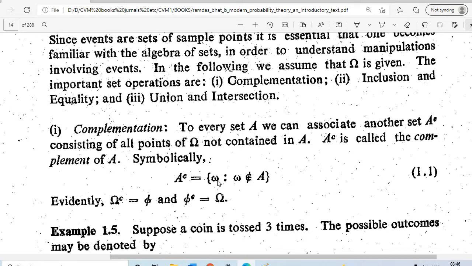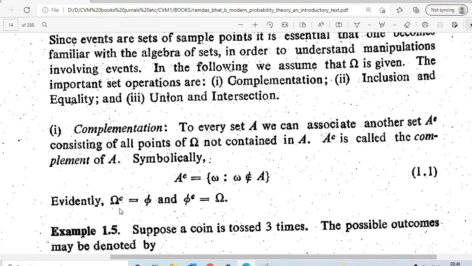So A complement is the set of all possible elements in the whole set omega such that omega does not belong to A. Suppose we denote small omega as a member of the whole set capital omega, then A complement is the set of all omega such that omega does not belong to A. The whole set is denoted as omega.